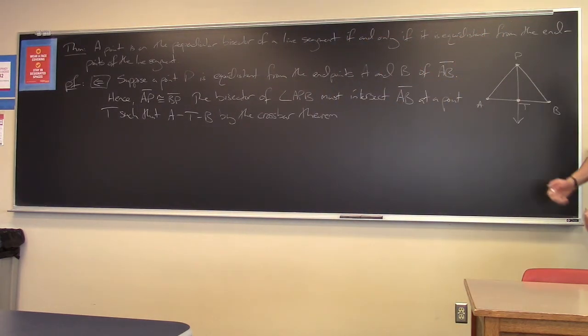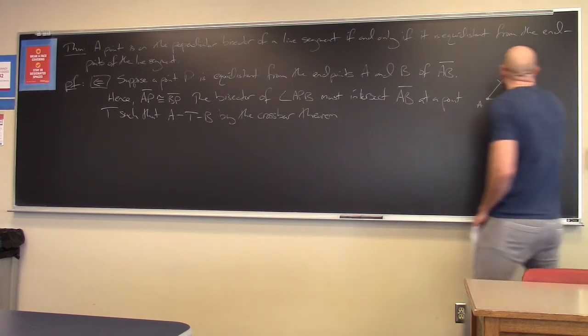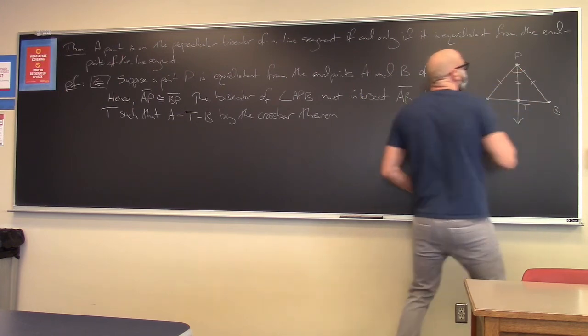What do we do now? Well, now we can invoke one of our postulates, the SAS postulate, right? Because we've already assumed that those 2 sides are the same length. Of course, these 2 sides are the same length because they're literally the same side. And this is an angle bisector, so those 2 angles are the same.